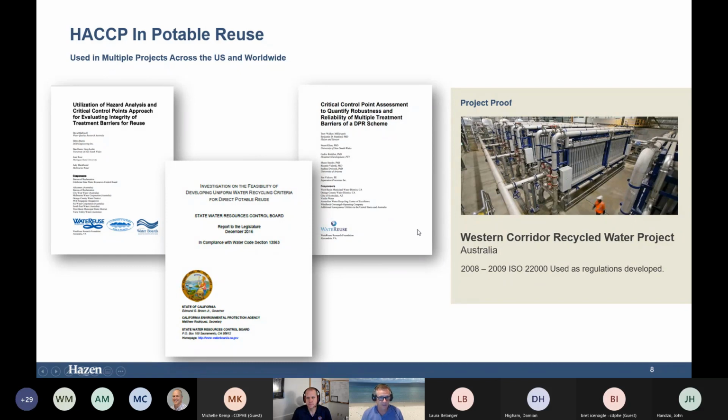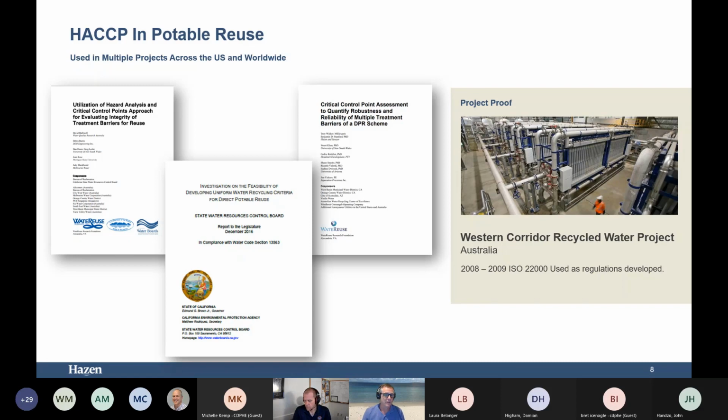Those of you that are keeping an eye on California would have seen that they've recently released their draft requirements for direct potable reuse. So they've started to look at the draft regulatory requirements. One of the things that was initially tagged in their first report from the expert panel back in 2016 and has now been translated into the draft guidelines is an explicit requirement of the use of critical control points.